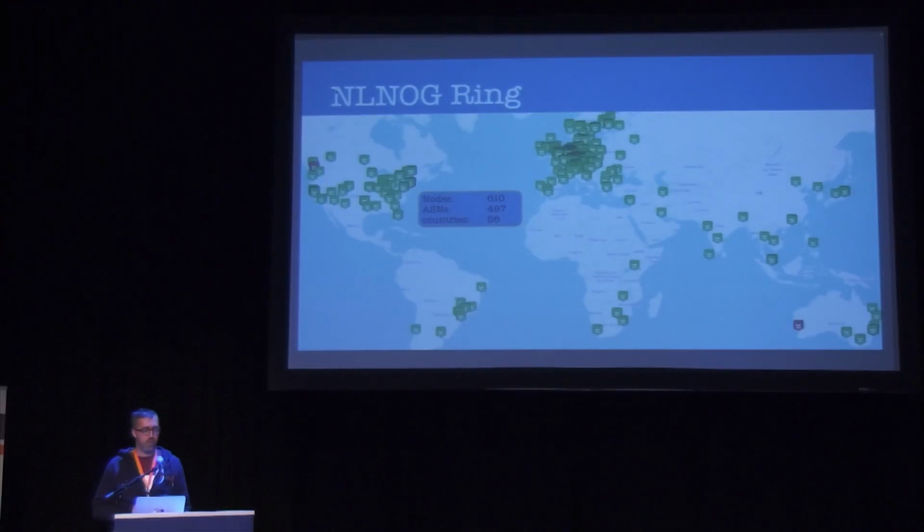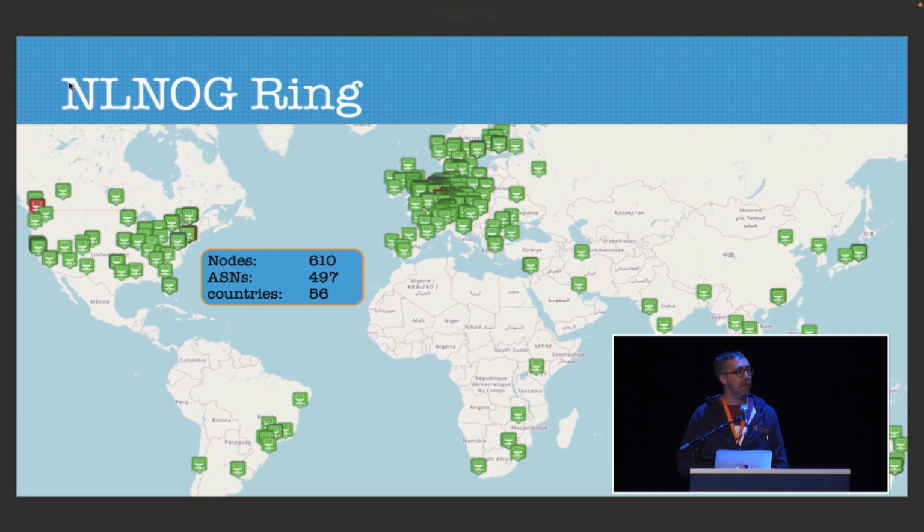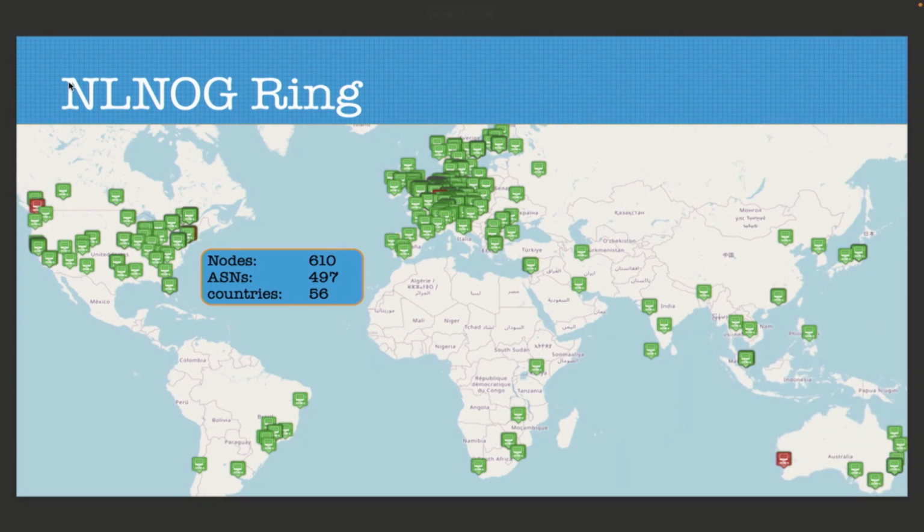So where are we now? We're well over 600 nodes by now. We're nearly at 500 ASNs. We're in 56 countries, and we're still lacking one continent. I think Martin actually mentioned that last year, but I think it will be challenging to get a node on the Antarctic, so we're still praying.